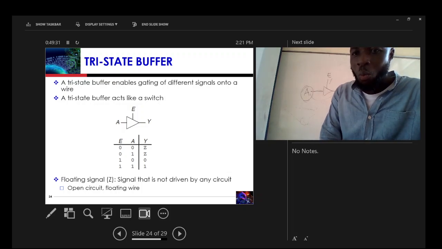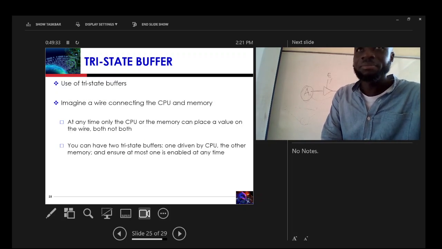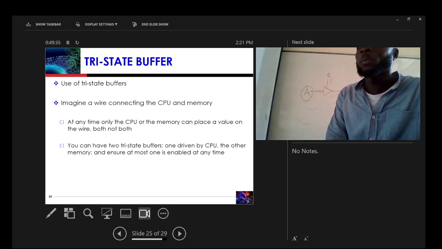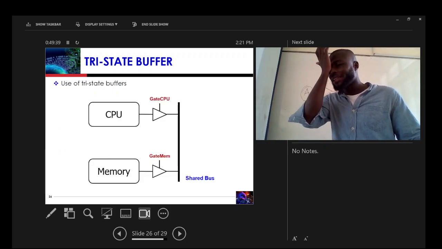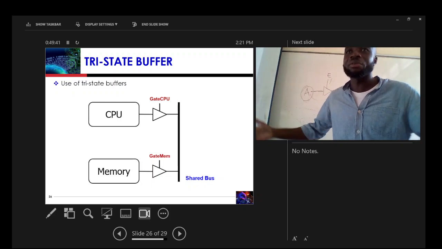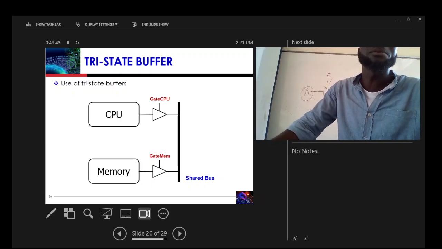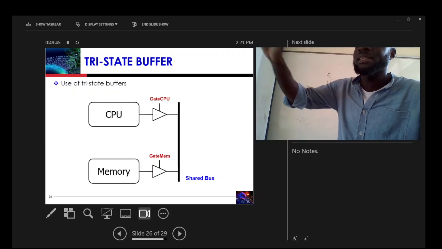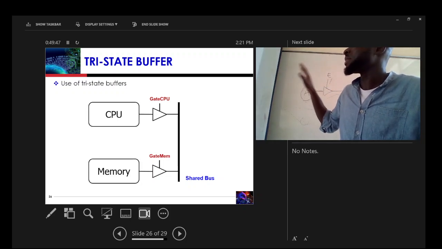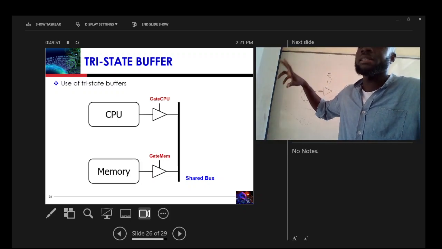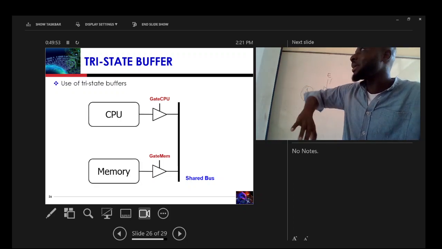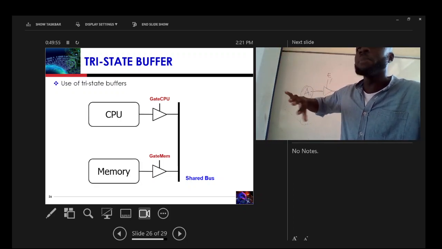But where will you use something like this? The place where you use it is within your system. Within your laptop, there's just one bus. This bus connects your CPU, memory, input, output.